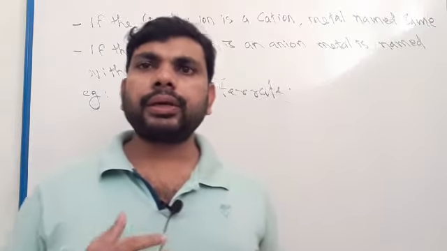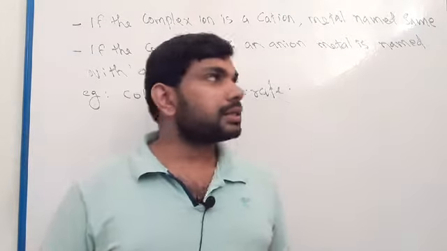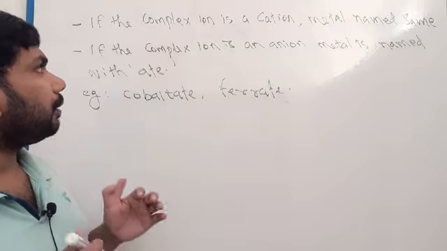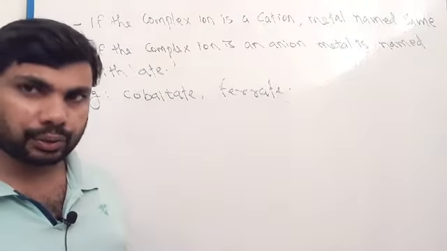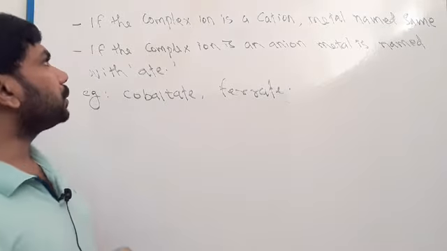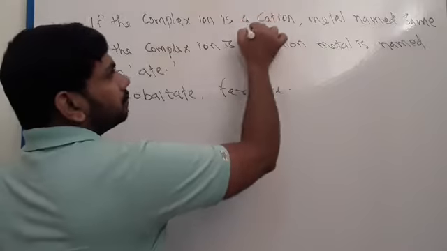To name coordination compounds, we have to remember two more things. Check if our coordination compound contains a cationic part and an anionic part. So this cationic part is the complex ion with the cation.